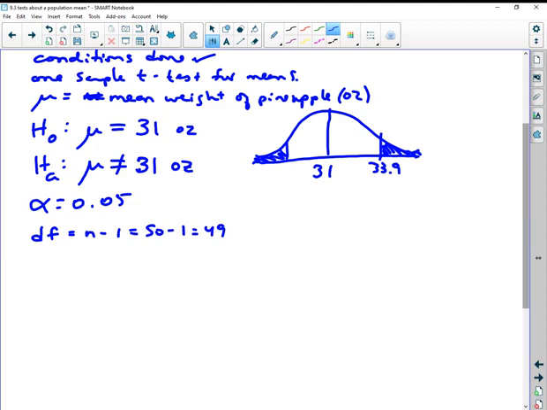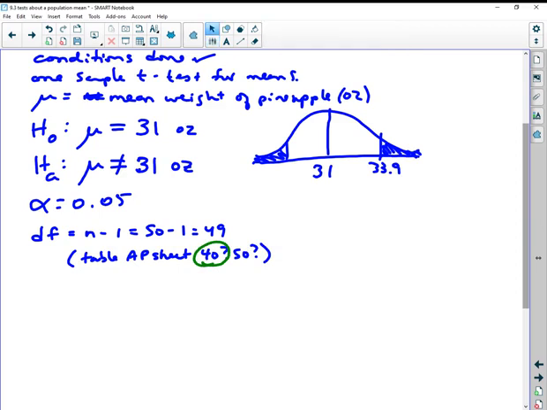If you were going to use the table on the AP sheet, you have a choice: are you going to use 40 or 50? Let's remember, we always like to be more conservative, so you would use 40 because it's going to be a wider interval for the t distribution.